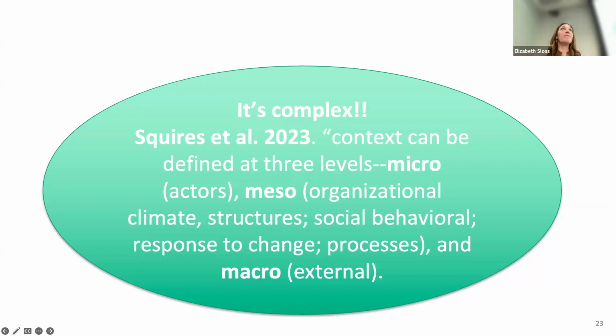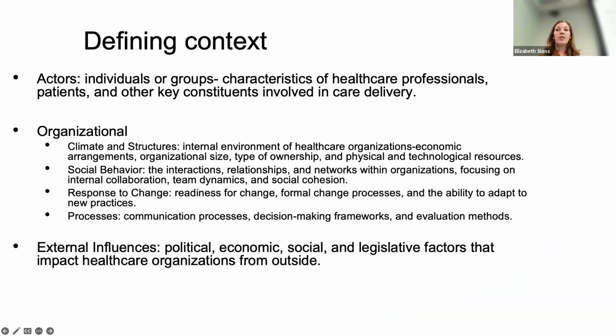And so when we think about context, you're often thinking about it from multiple levels and multiple people. So defining those early and often and understanding them really might be your starting point when we think about an implementation science project.